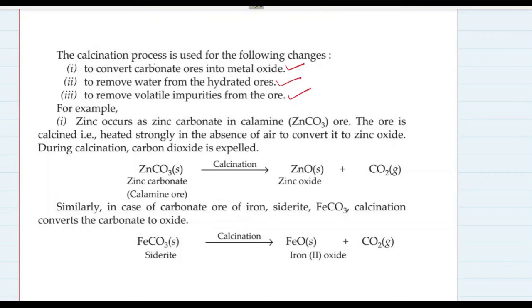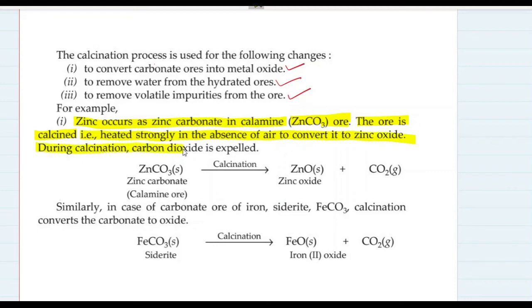For example, and this is very important because we are going to study the example of calcination. Zinc occurs as zinc carbonate in calamine, zinc carbonate ore. The ore is calcined, that is, heated strongly in the absence of air to convert it into zinc oxide.